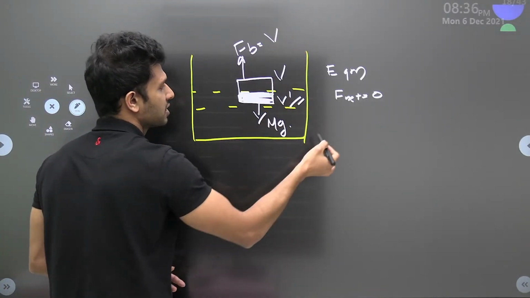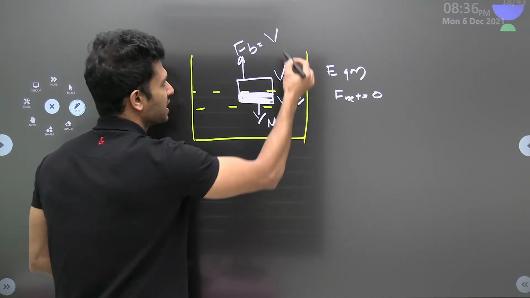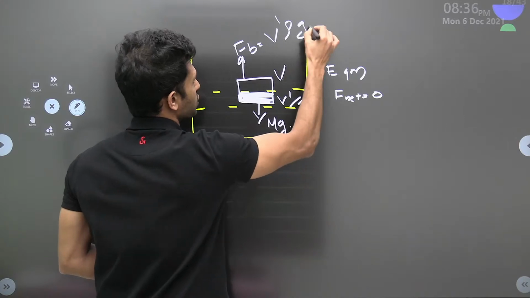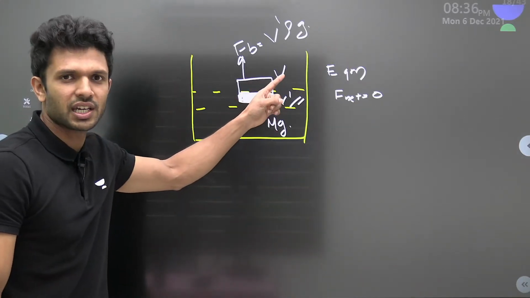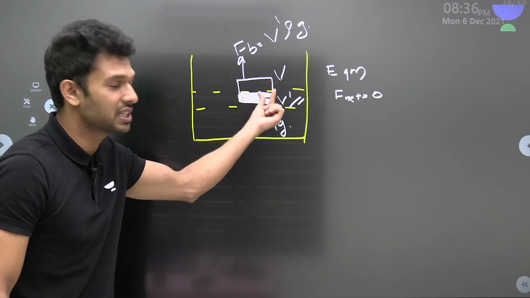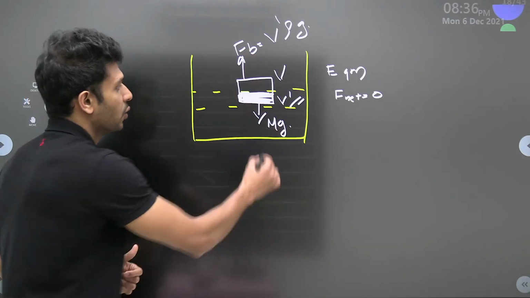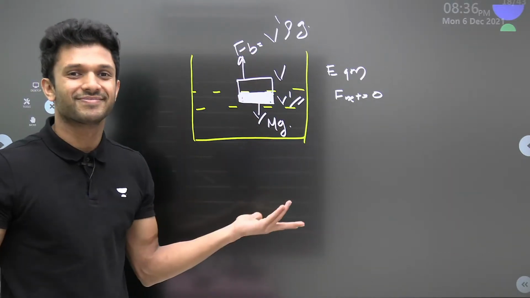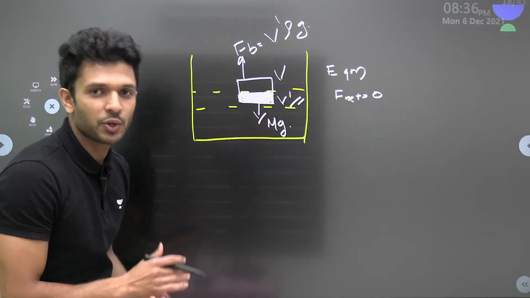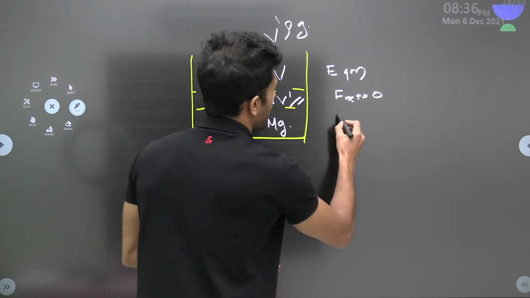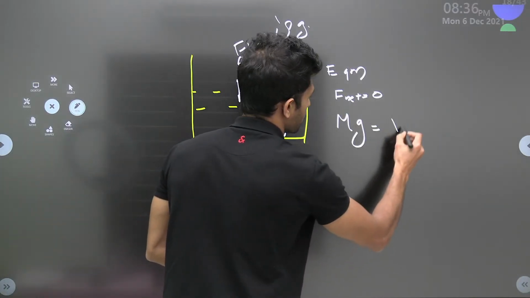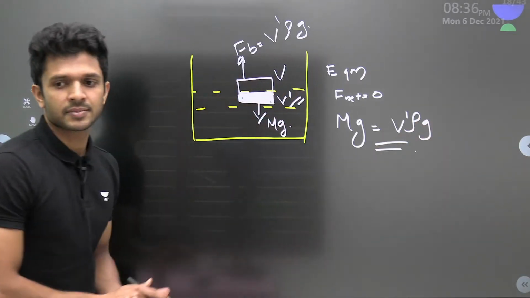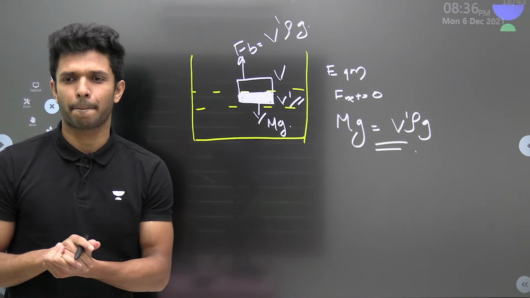It is V dash rho g. Is it V rho g? Not at all. It is V dash rho g, because only V dash is the volume of the body submerged inside the liquid. So as the net force is 0, downward mg is equal to V dash rho g.